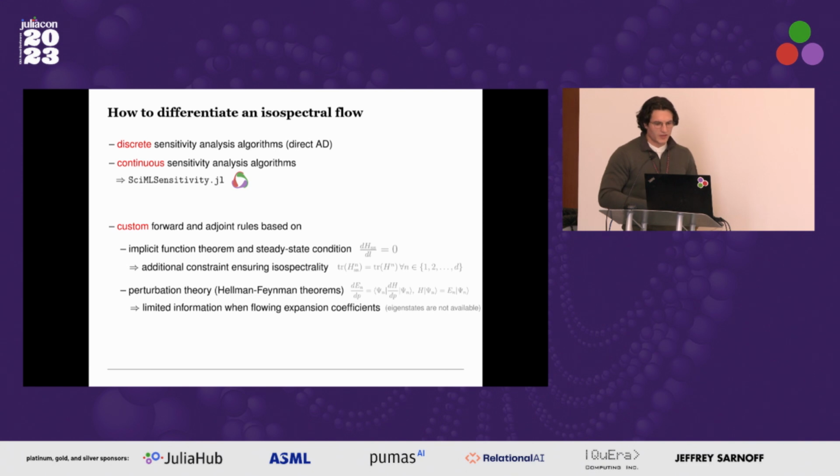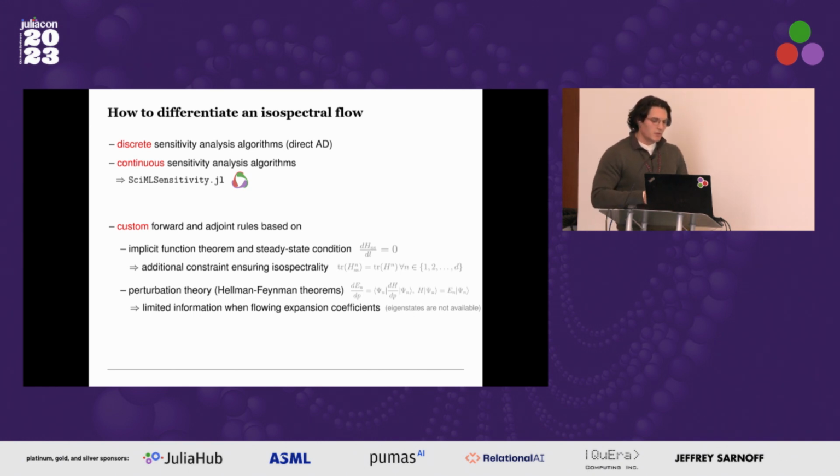Now, how does one differentiate an isospectral flow? There are different ways to go about it. At the most basic level, we could just view this isospectral flow as a generic Julia program and directly apply automatic differentiation on the base operations, in our case the operations of the differential equation solver.